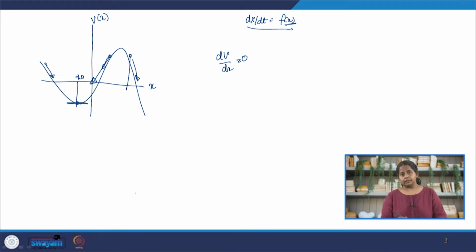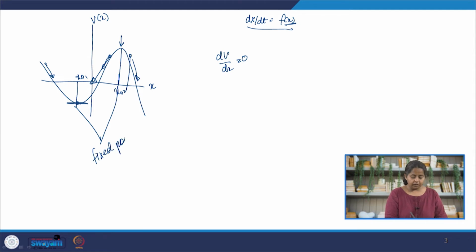There's another point in this plot where a similar behavior is observed, which is here at the top. So if you're starting with x naught here, at this particular point where dV/dx is also equal to 0, we won't see any change in the value of x. Now, if you remember the geometrical approach we have been using, such points are frequently referred to as equilibrium points or fixed points.